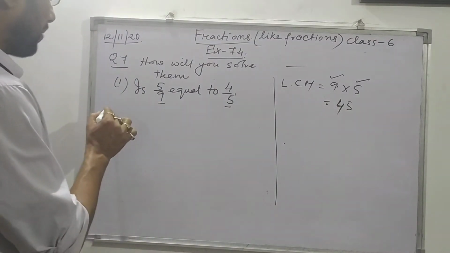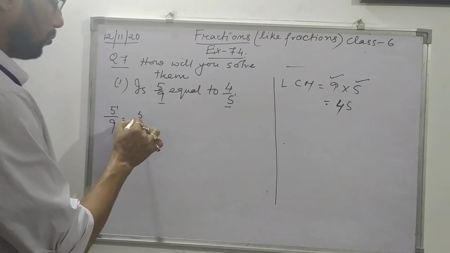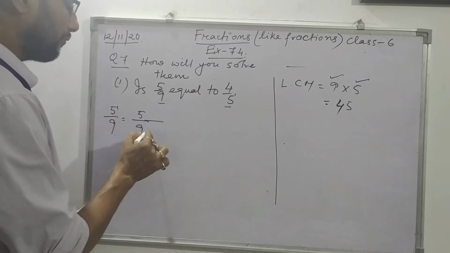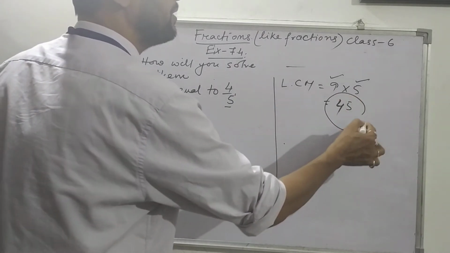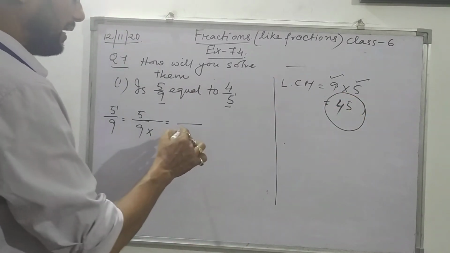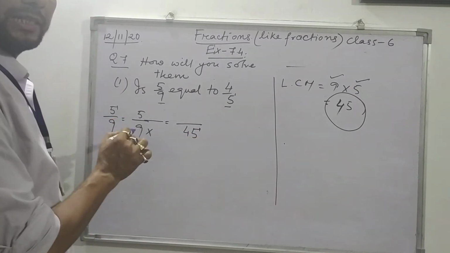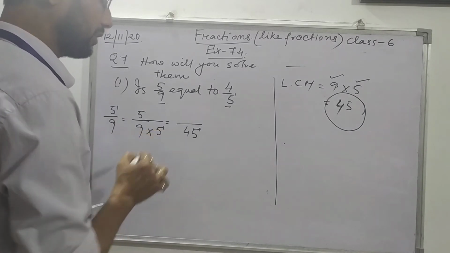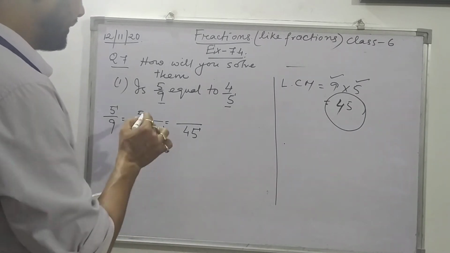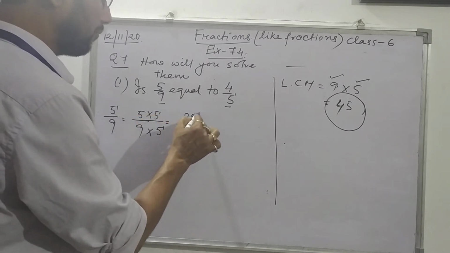Now, 5 by 9 is equal to, I have to make the denominator 45 because the LCM is 45. So let me write 45 over here. What number will I multiply with this 9 to make 45? 9 5s are 45. Then here also I will multiply by 5, so it is 25 by 45.